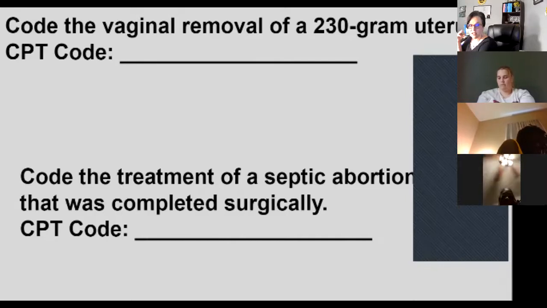Where does our scenario say it's laparoscopic? Oh, it doesn't, does it? So the answer is 58260, but I love that critical thinking. Those were not bad answers. Those were great answers. So it's 58260 because that matches our scenario almost perfectly.